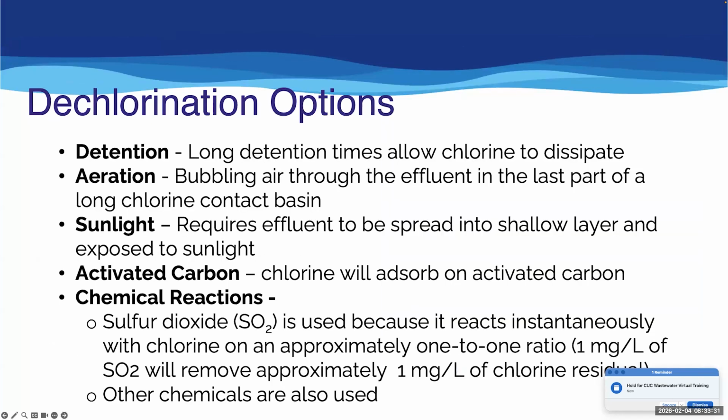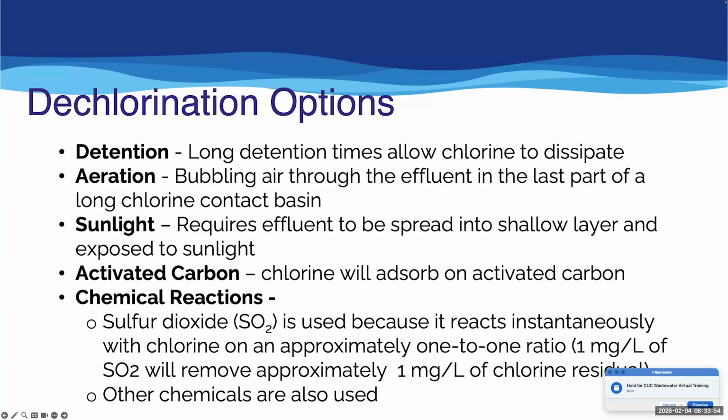So there's a lot of different options you have for dechlorination, not all of which are practical, but in theory, just detention for long enough will allow the chlorine to dissipate, if you have the ability to have really long detention times. Aeration can be used.